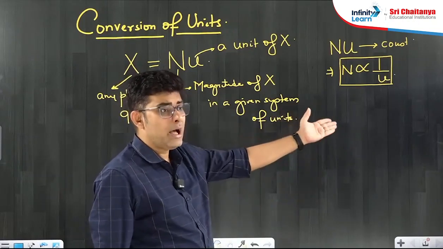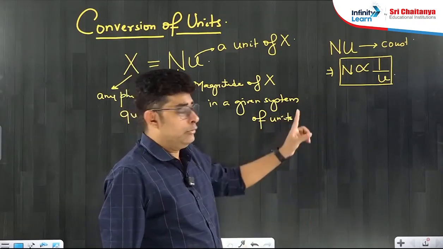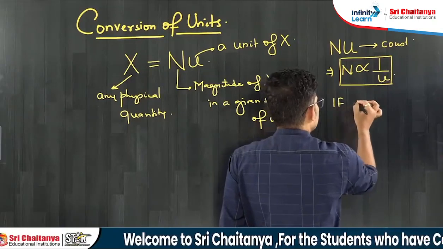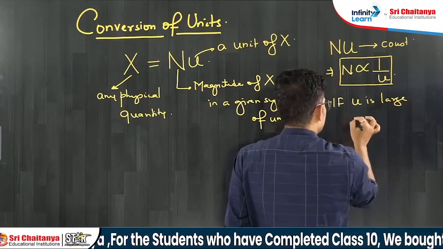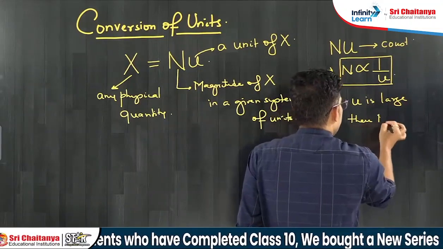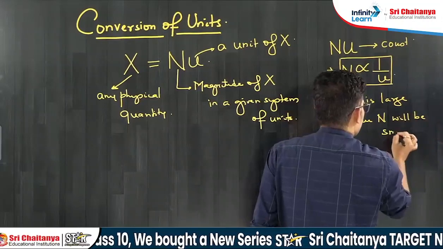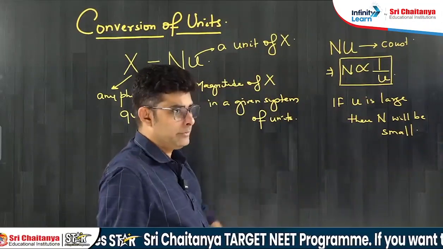So if you have a greater unit, that means n will be smaller. So when we write, if the unit is large, then n will be small. Unit is large, n will be small.